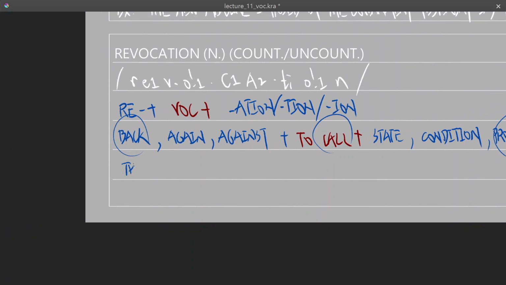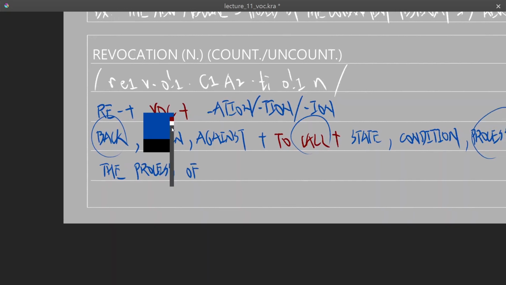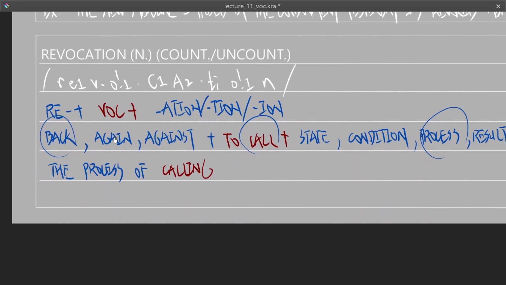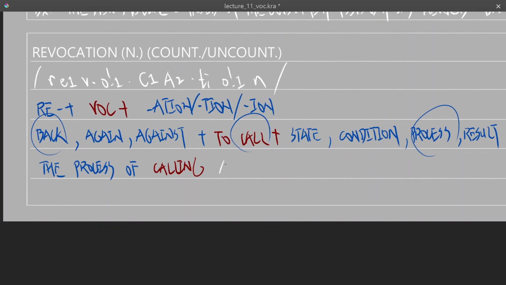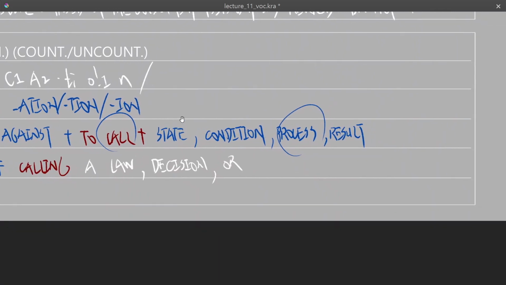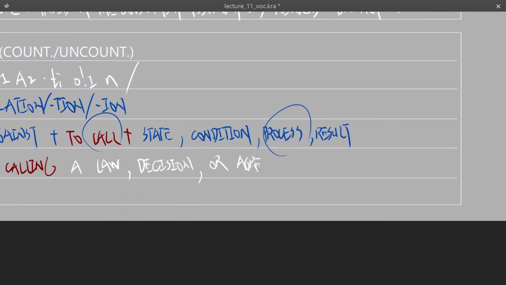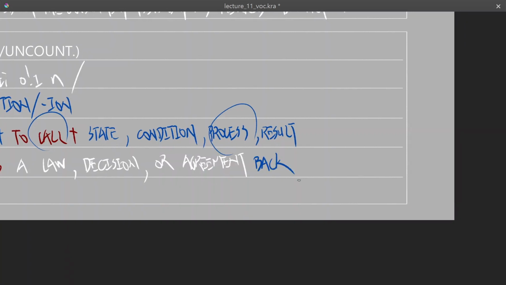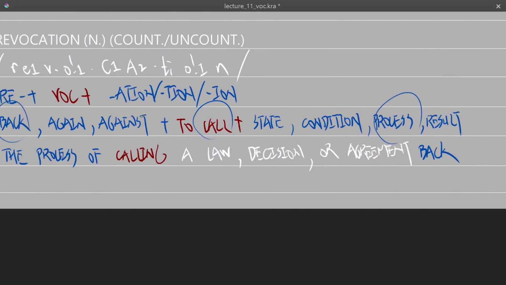So the process of calling a law, decision, or agreement back.